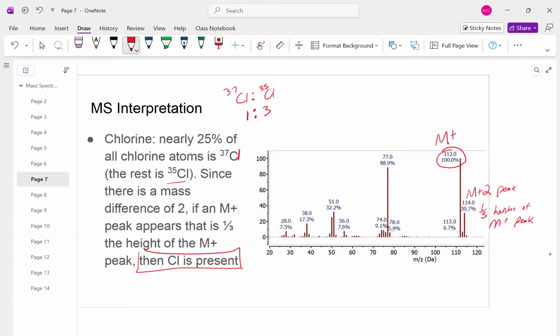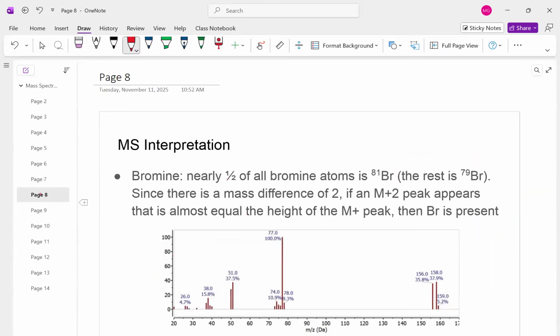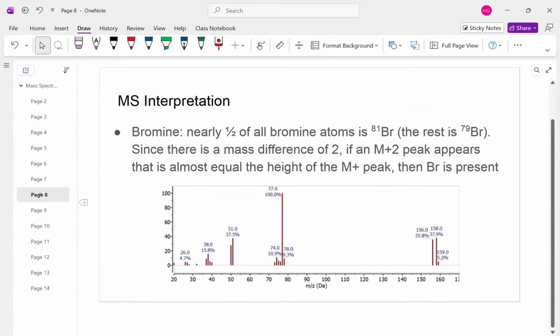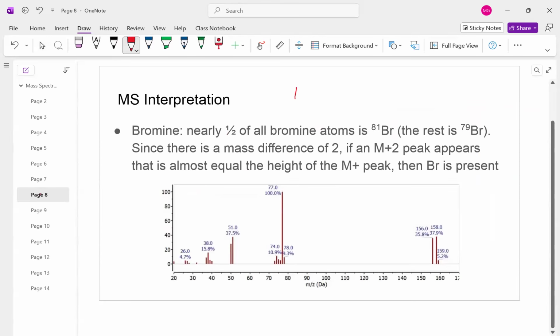Now we could do something very similar with bromine. The ratio of the two isotopes of bromine, bromine 81 to bromine 79, is about 1 to 1.